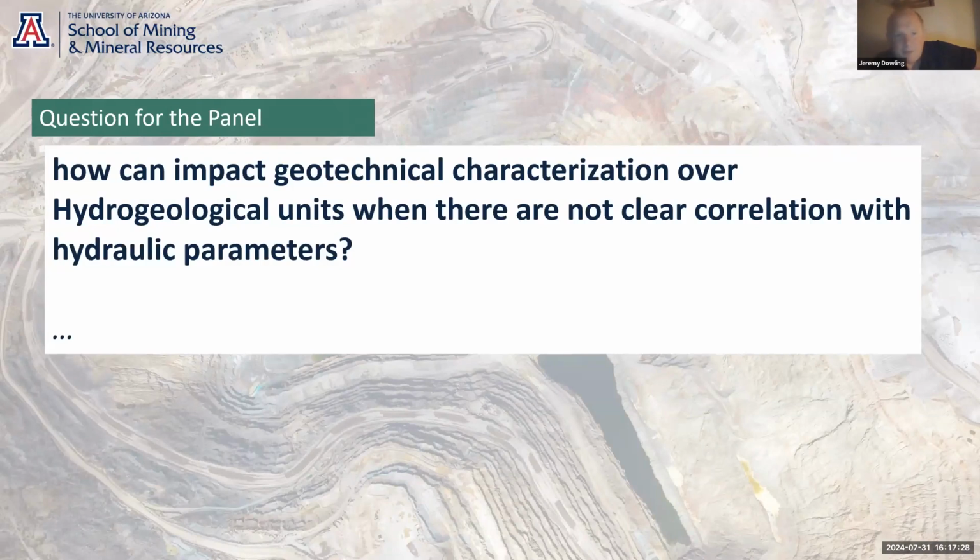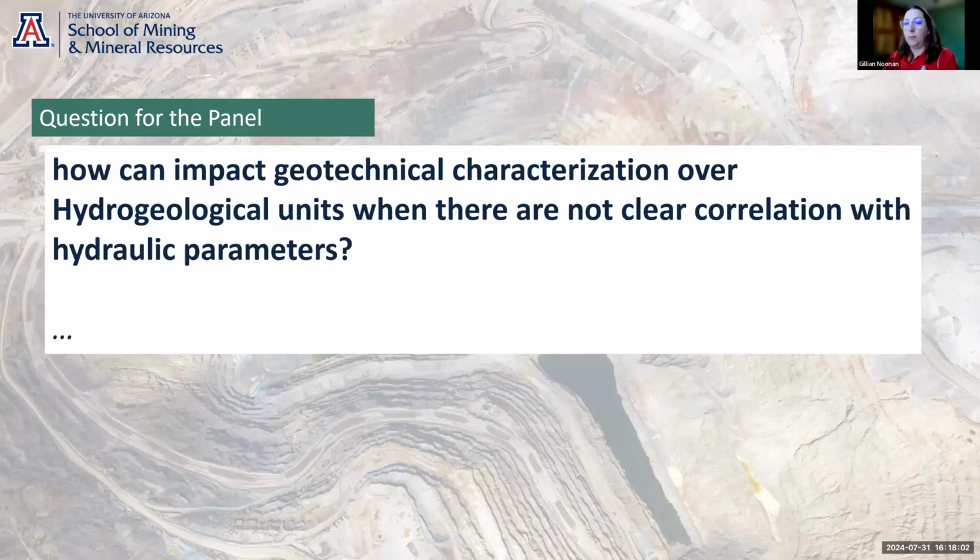If there's a low RQD rock, it could be fractured and permeable in some cases, but it could also be a clay material that's extremely impermeable. So you have to make sure that there's adequate characterization of both the geotechnical parameters and characteristics and the hydraulic parameters, so that you can be confident that you understand how the geotechnical characteristics of the rock affect the hydraulic properties.